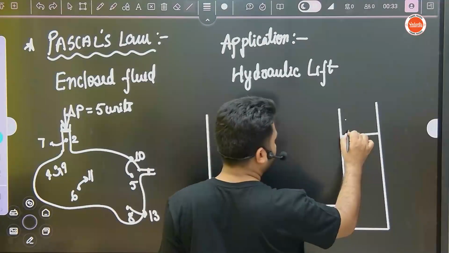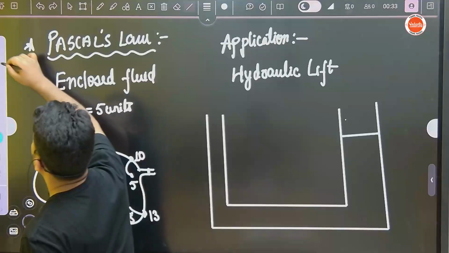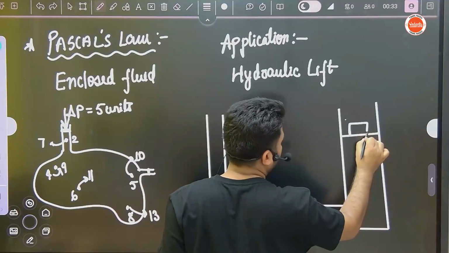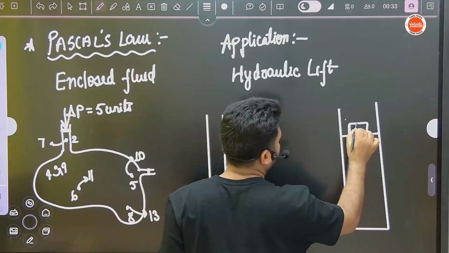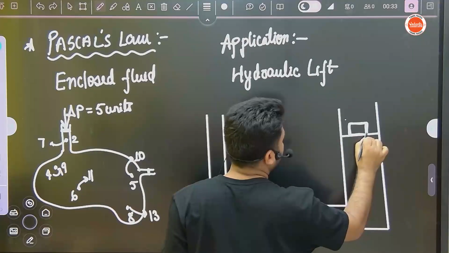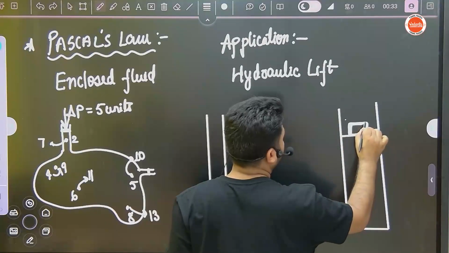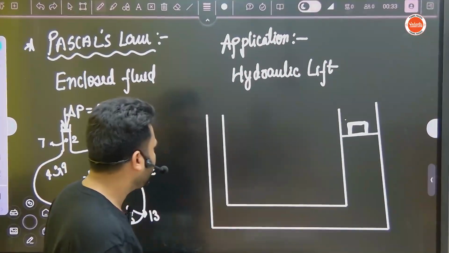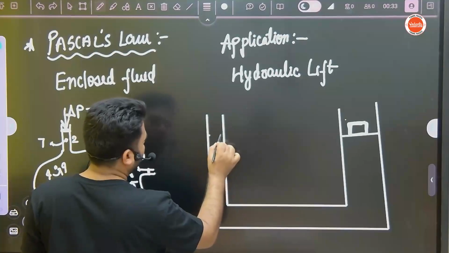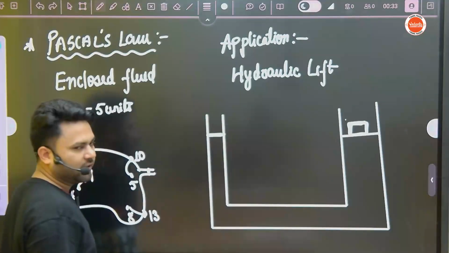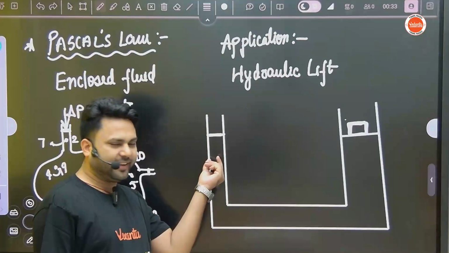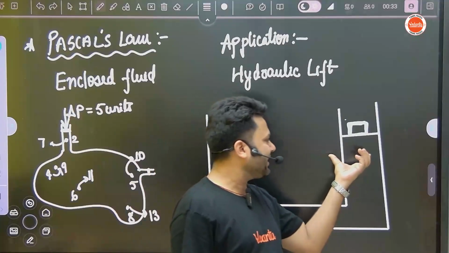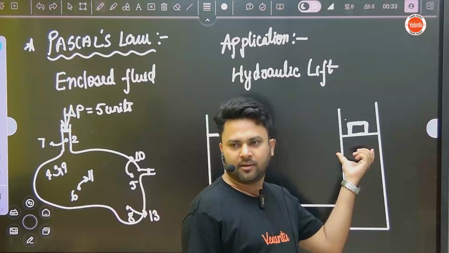Suppose this is a car. Although it is looking like a bus, but try to manage. Suppose this is the car or any object we want to lift. What we will do is take this side's area very narrow and this side's area very large.